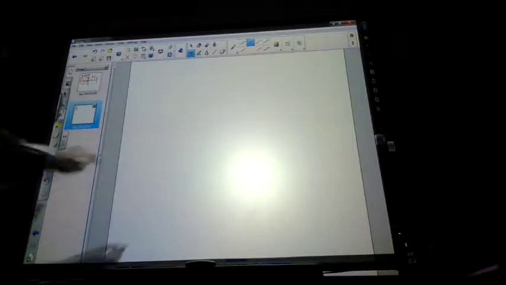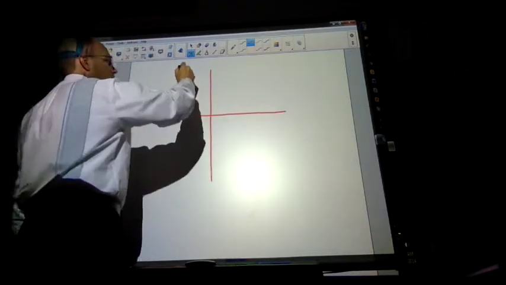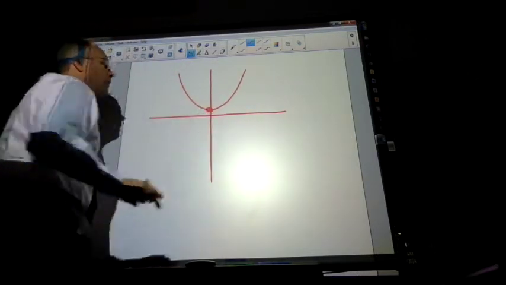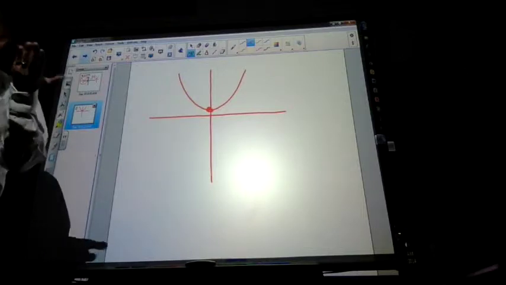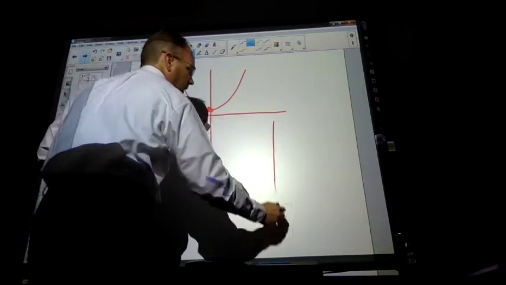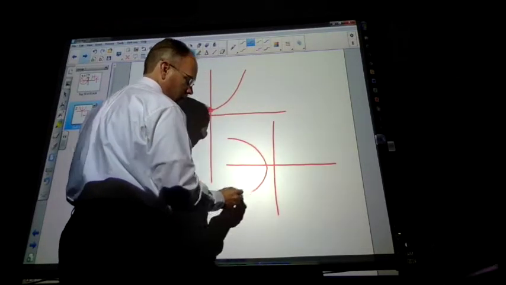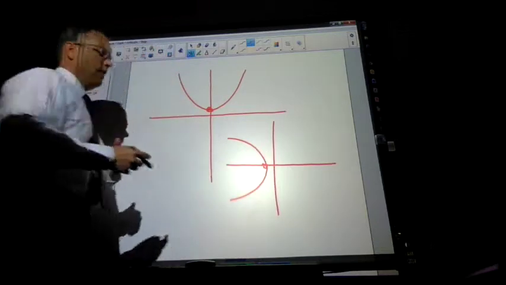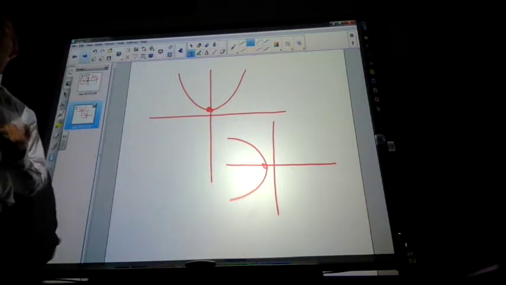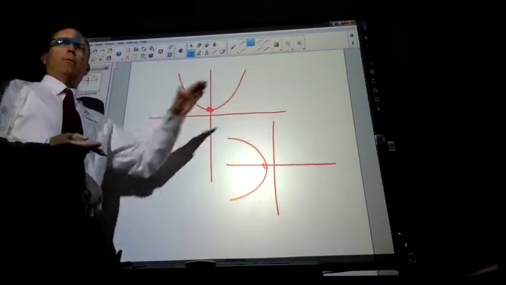Okay, so if I had a graph like this, that would be symmetric about the y-axis. Do you agree? If I had a graph like this, that would be symmetric about the x-axis. Because if I folded it over, it would lie on top of itself.